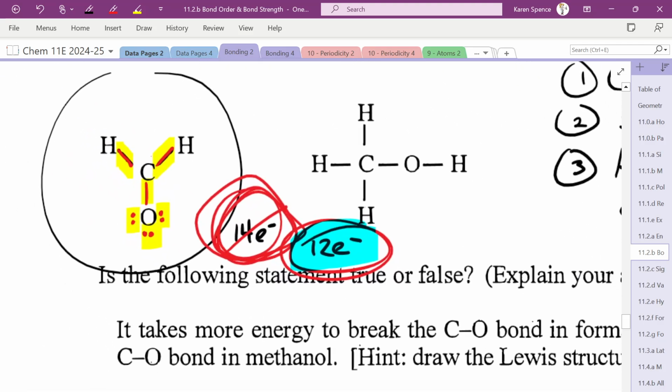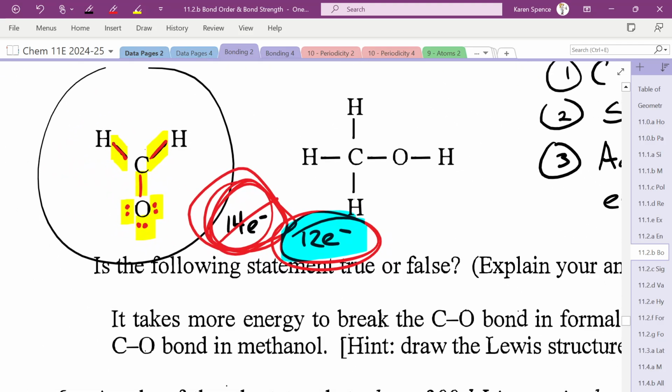And if I left the structure like this, what would be wrong with it? Tell your partner, what would be wrong with this structure if I left it like this? Carbon has only 6 electrons, and that's a problem.